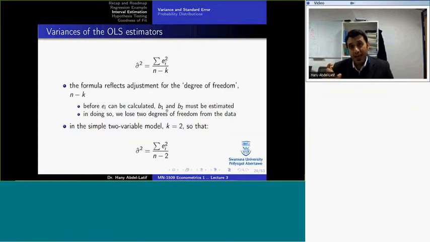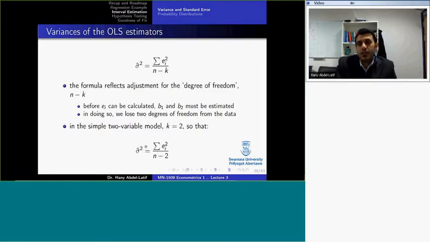So k is the number of parameters, and what is available now is n minus k, so n minus 2 in this example. Having sigma hat squared, we can use the formula to calculate the variance of B1 and the variance of B2.